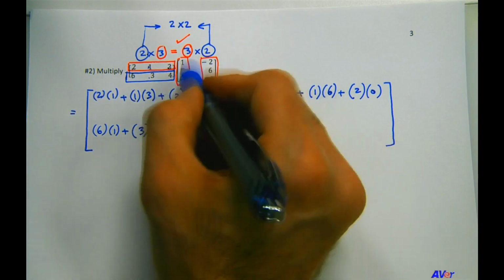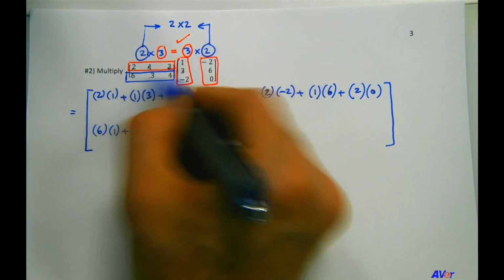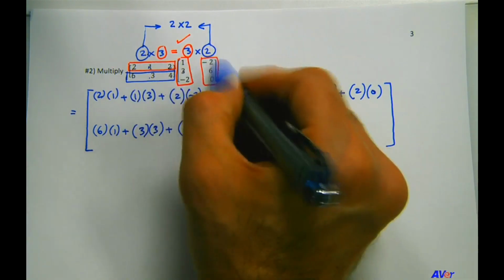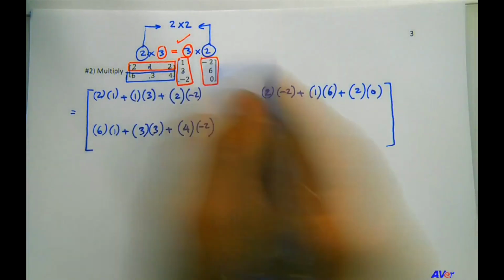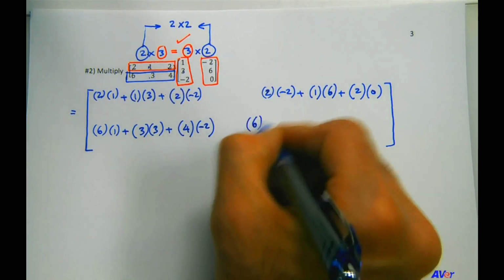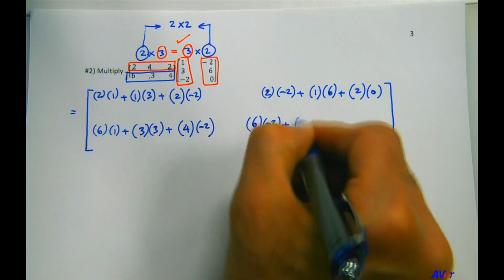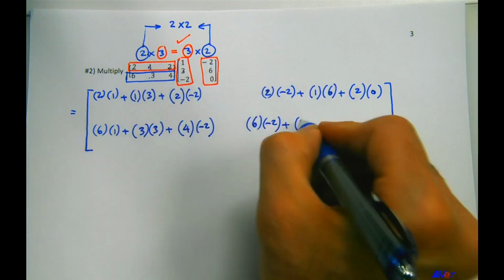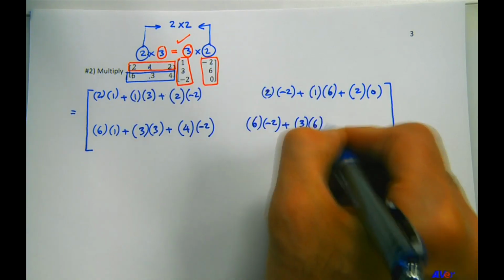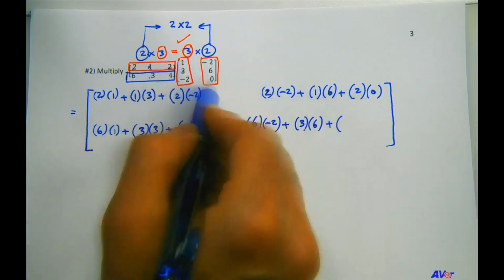Okay, we're done with this column. Now we multiply the second row by the second column. So 6 times negative 2 plus 3 times 6 plus 4 times 0.